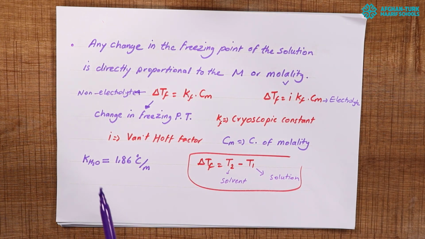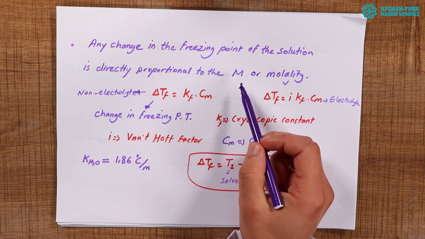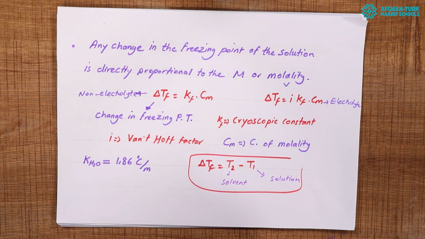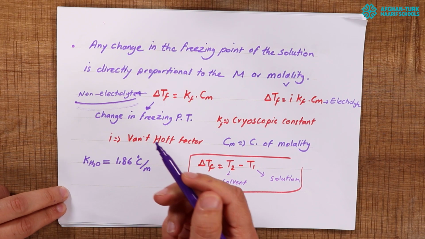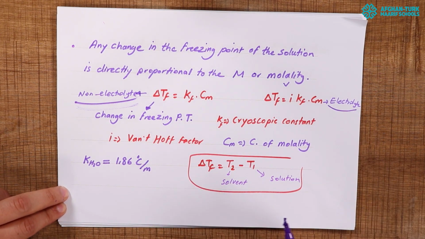Here it's written that any change in the freezing point of a solution is directly proportional to the concentration of molarity or molality. We have two formulas here. One belongs to the non-electrolyte solution, and the other belongs to the electrolyte solution.